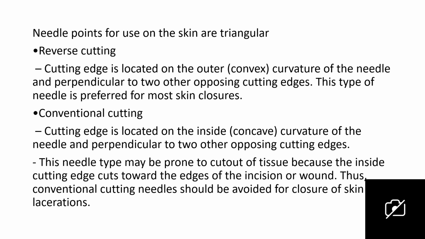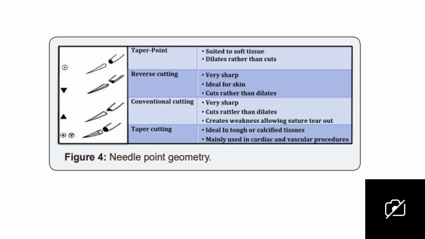Thus, conventional cutting needles should be avoided for closure of skin lacerations. These are the various shapes of the cutting needle: a tapered point, reverse cutting, conventional cutting, and taper cutting.